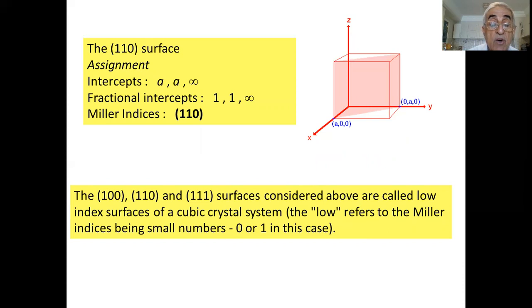The reciprocal of it equals 110. So the 100, 110, and 111 surfaces considered above are called low index surfaces of a cubic crystal system. The low refers to the Miller indices being small numbers, 0 or 1 in this case, as shown in the figure.